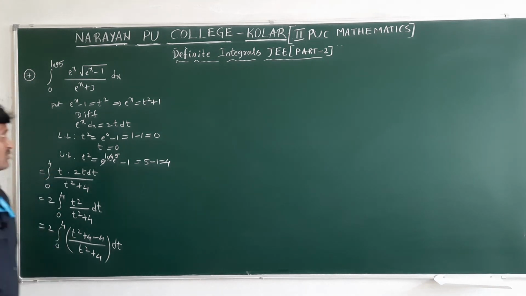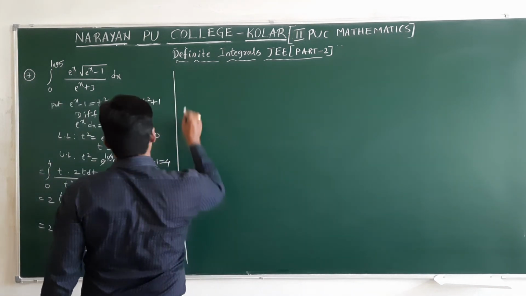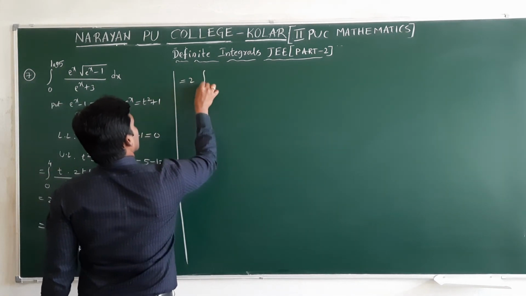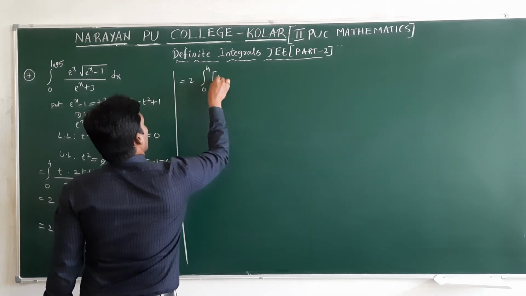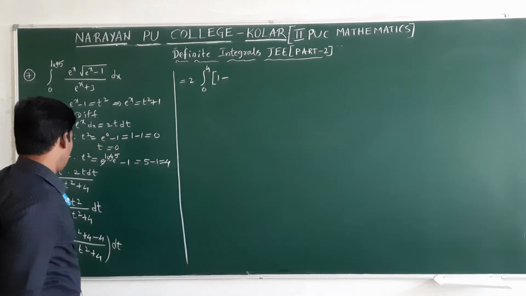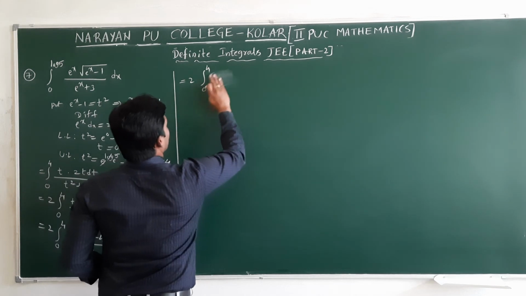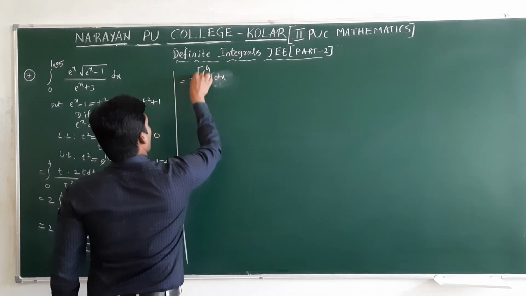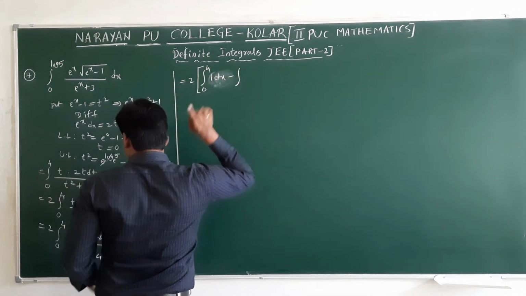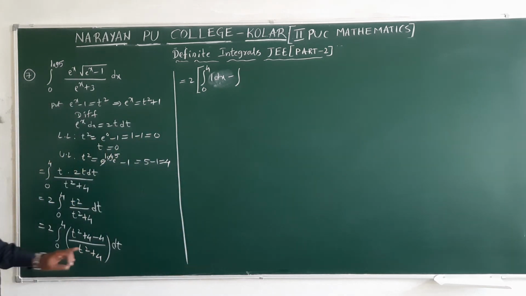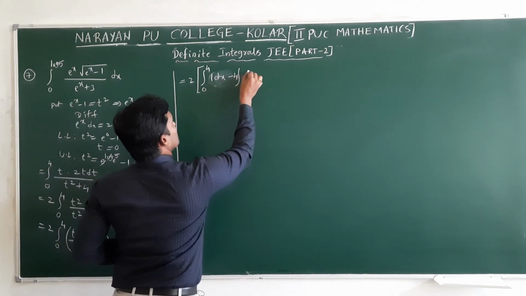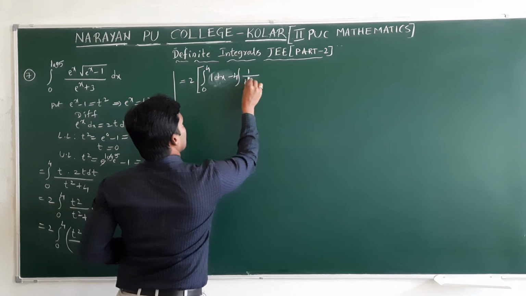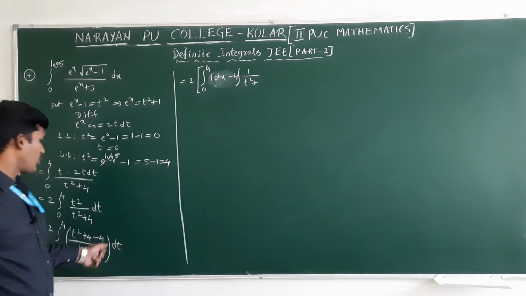Now divide with the denominator, what do we get here? The first value becomes 1 minus 4 by t square plus 4. 2 is the overall multiple; here 4 is a constant. 4 into integral 1 by t square plus 4, I can write 4 as 2 square.